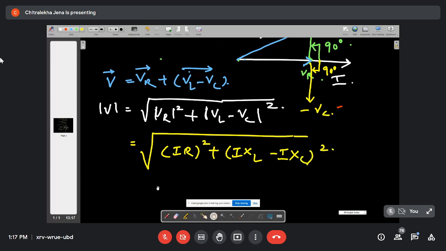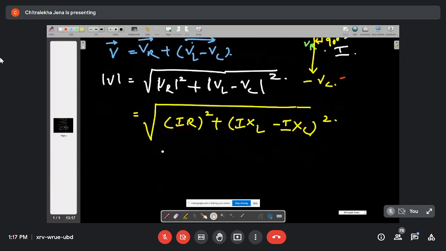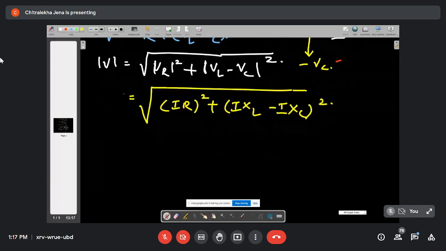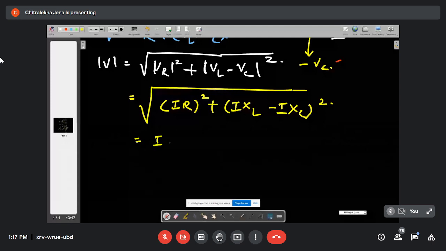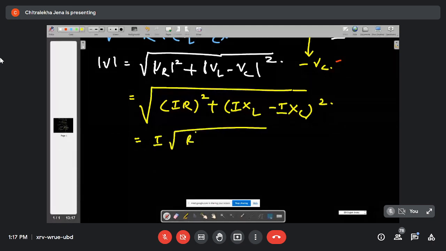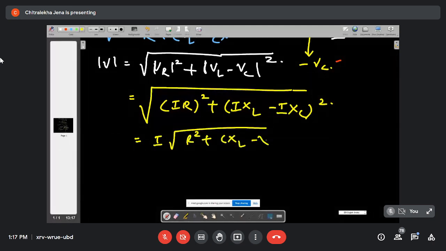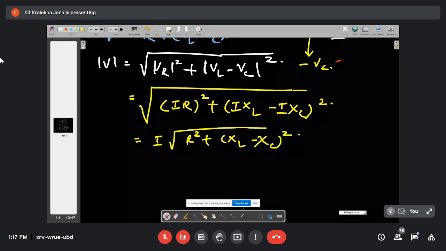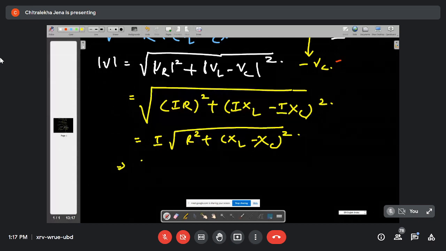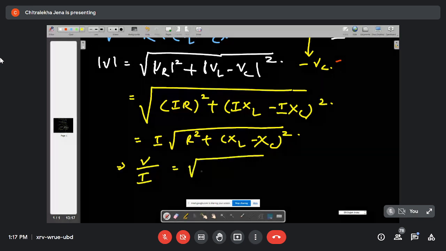This is equal to I into square root of R square plus (XL minus XC) whole square. So this implies V by I is equal to square root of R square plus (XL minus XC) whole square, that is equal to Z.